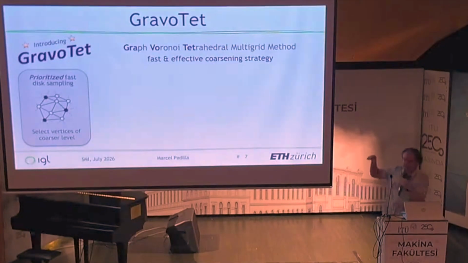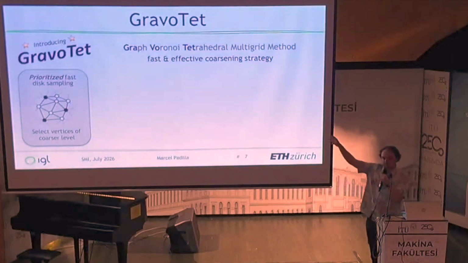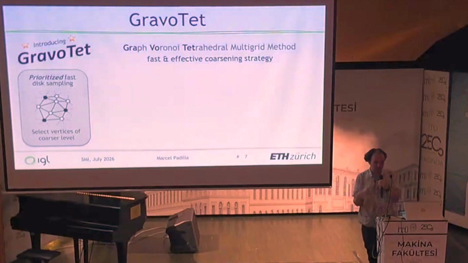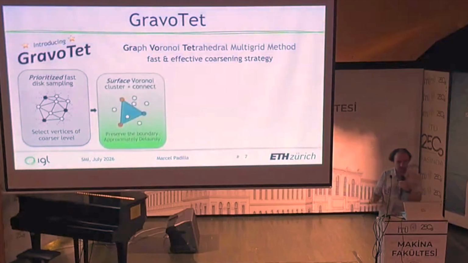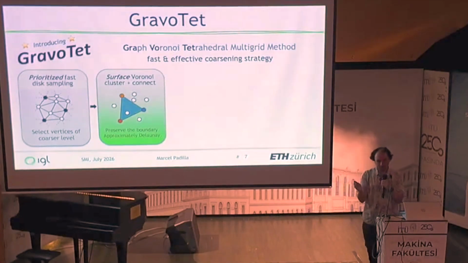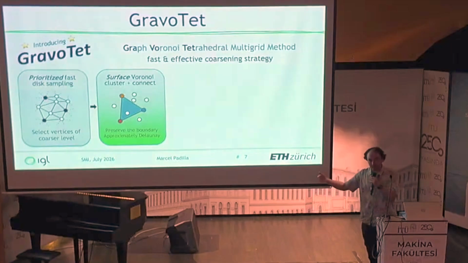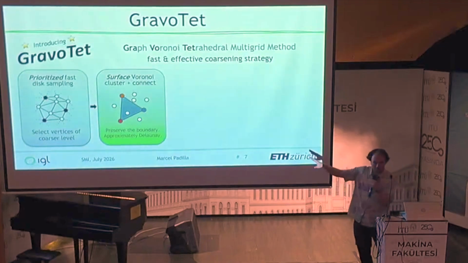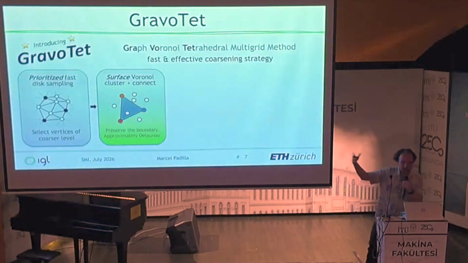It starts by having a prioritized sampling of what vertices we take into the next coarse level. After that, we focus on the surface, because the surface is where we have more details, where the boundary condition is supposed to survive. So we give the surface extra attention. We do an approximately Delaunay connectivity on the surface.